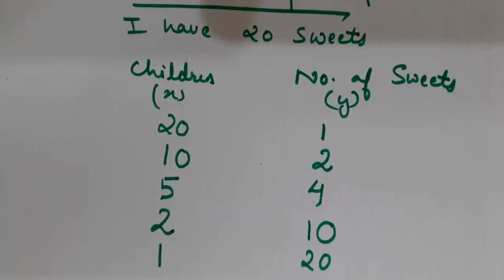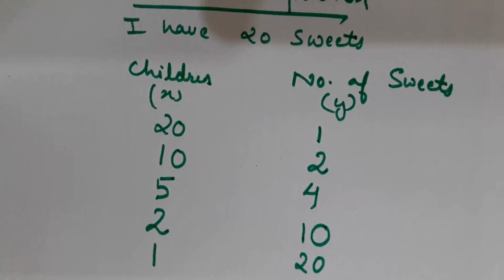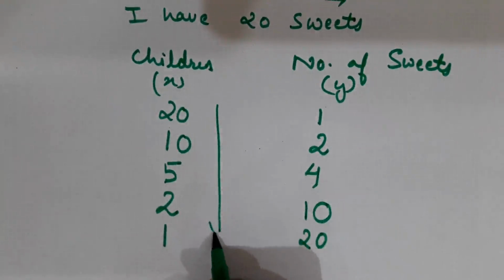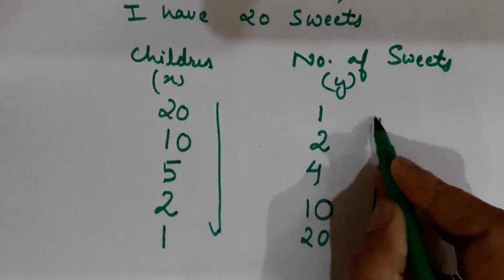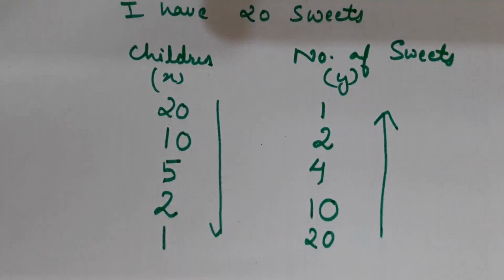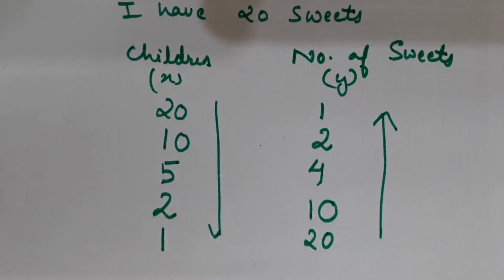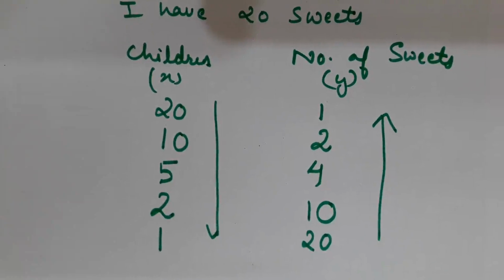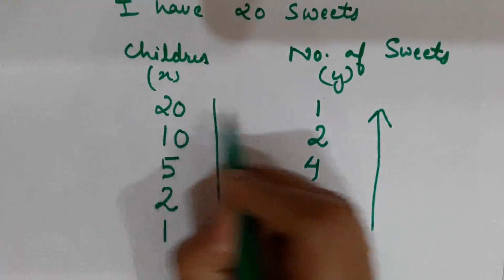So with this example, if the children are decreasing, the number of sweets is increasing. It means if one thing is increasing, the other thing is decreasing.